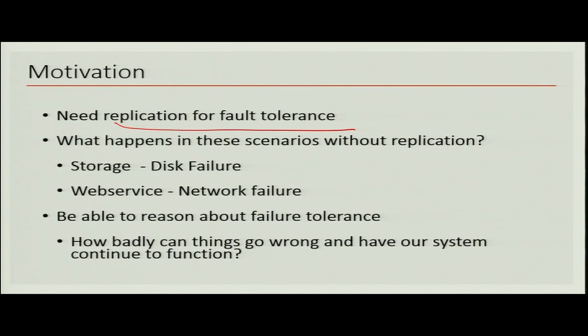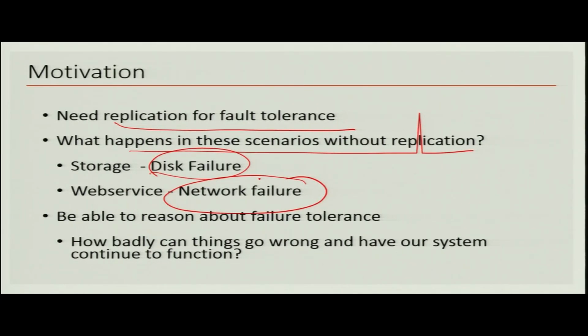If you do not have replication, what could have happened? First of all, you can have disk failure, and if the service is over the network, you may have network failure. So, you have to be able to reason about failure tolerance, which means that if one or more replicas fail, when can I guarantee that the service will still work correctly as far as the client is concerned?